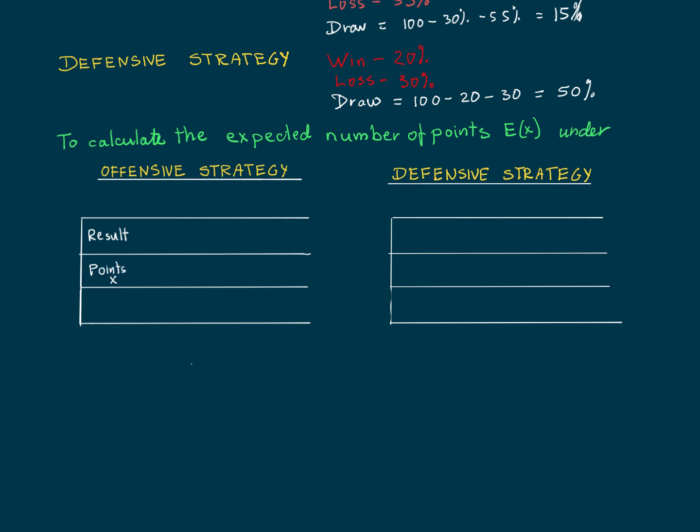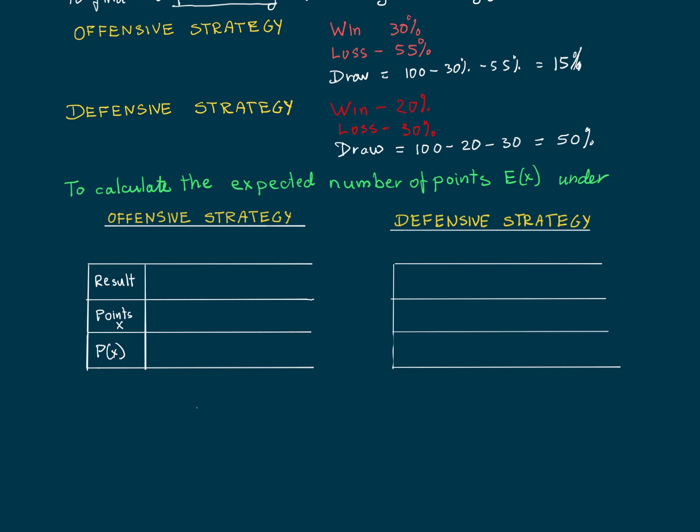So that will be our x value, and we need the probability of getting that value. And so a win is expected to give us 3 points from the league tables, which are above, and it also has a probability of 0.3, 30%.